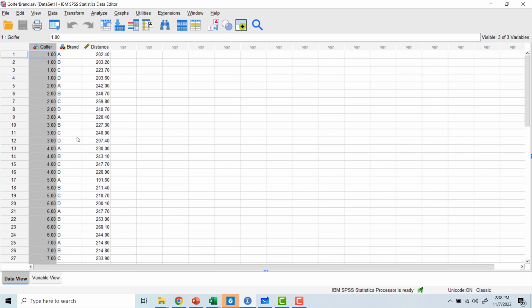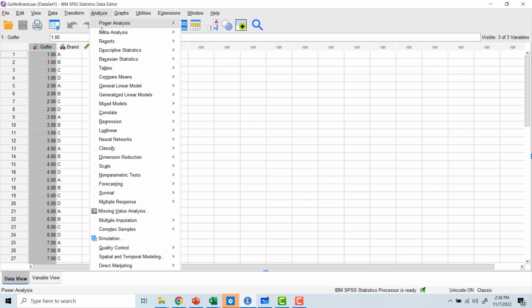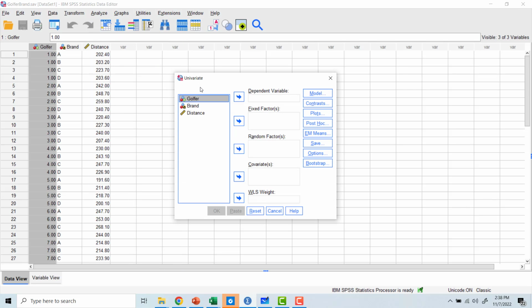And again, go back to last class's notes where I drew out all the sum of squares on the board and we discussed that in more detail. But anyway, let's repeat what we did in SPSS, and then we will actually do this as a hypothesis test. So we're going to do analyze, general linear model, univariate. Now, the dependent variable, of course, is the distance, and we have two factors, golfer and brand.